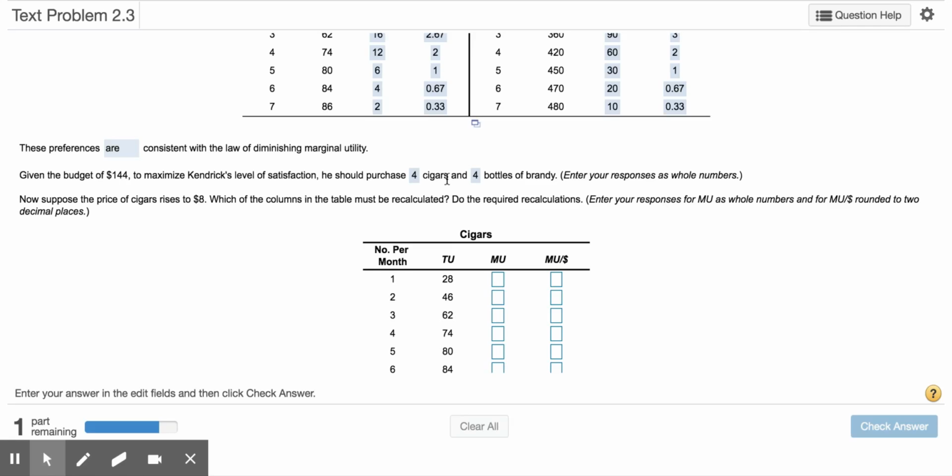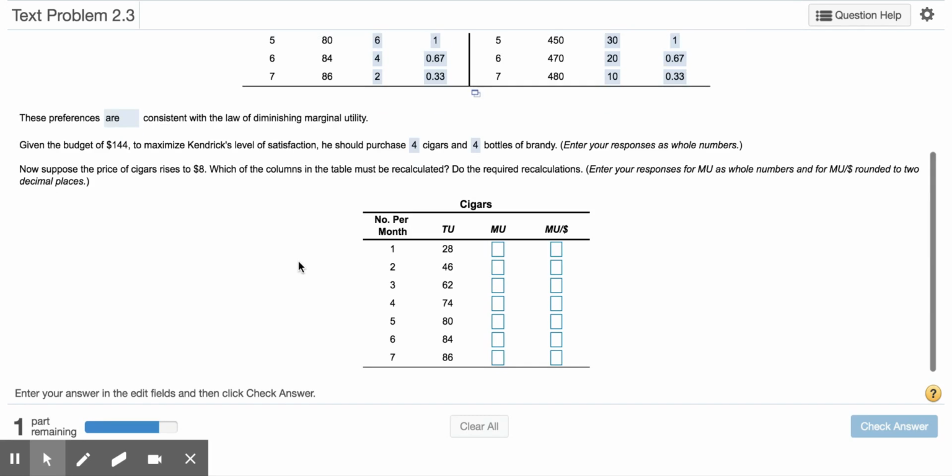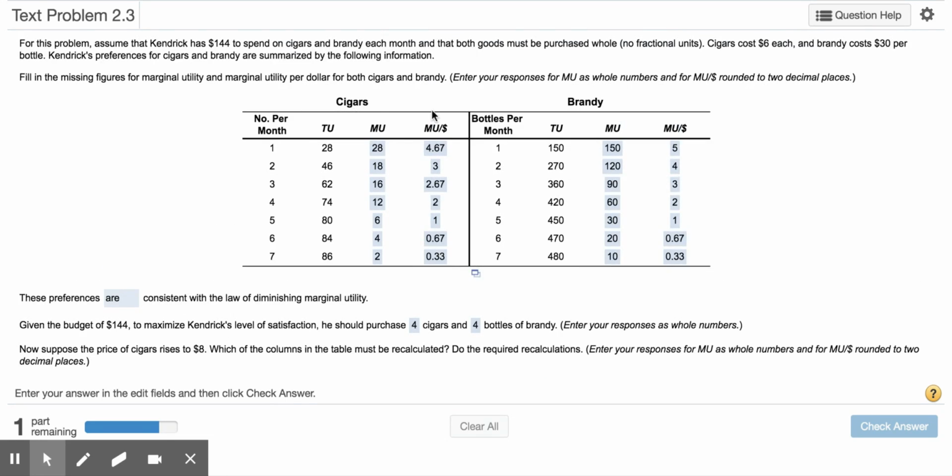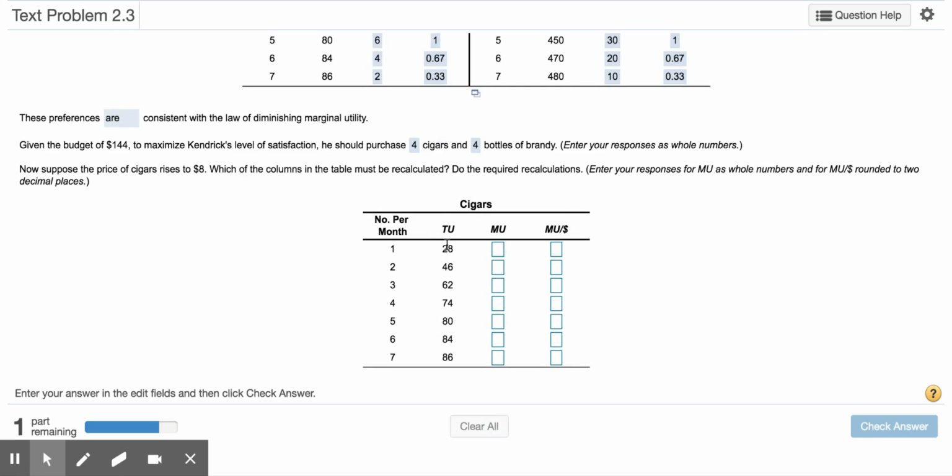Okay, in this part, we assume that the price of cigars changed to $8 instead of $6. And we need again to fill up the table and then find the utility maximizing level of consumption of cigars and brandy.